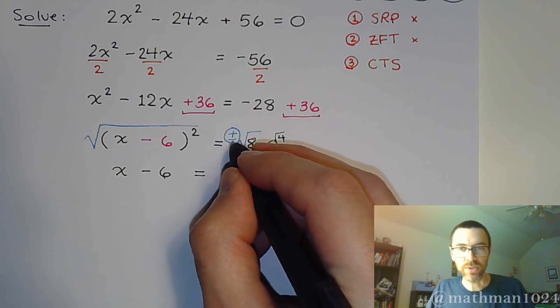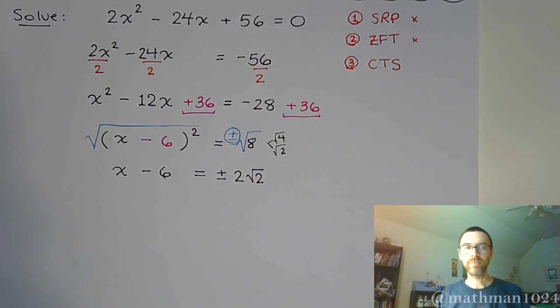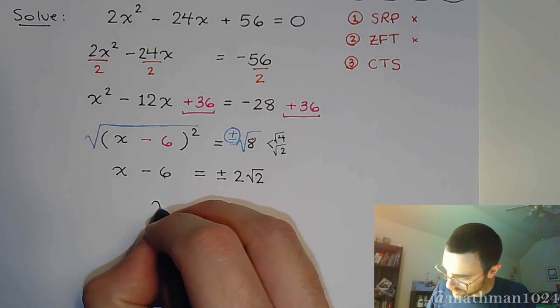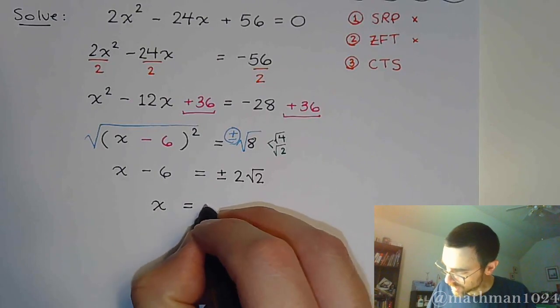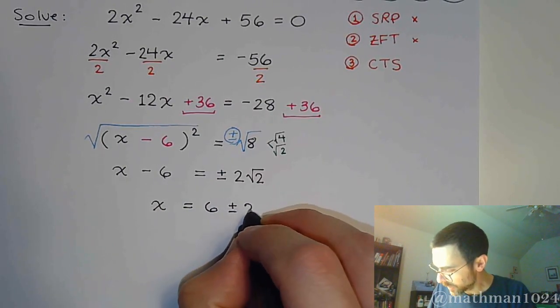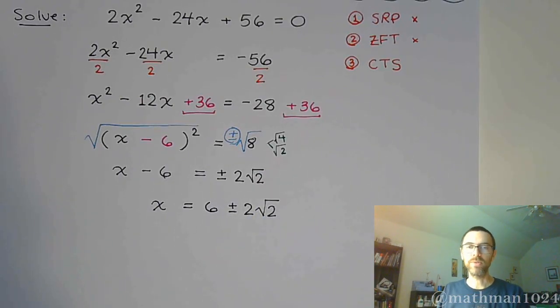And don't forget about the plus or minus. We're one step away from finishing the problem, and that step is just to move the 6 to the other side. So x is equal to 6 plus or minus 2 square roots of 2.